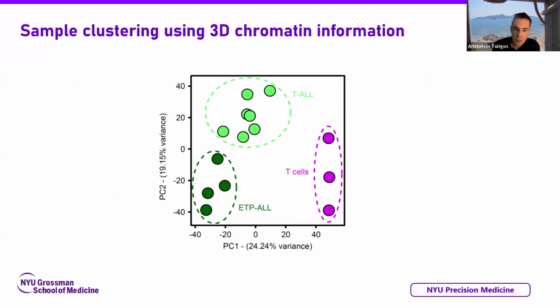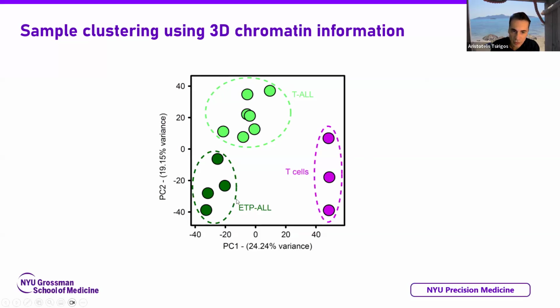So the first thing we did was to make sure our data is correct. So we did some quality control. One typical way to do this is by doing a PCA plot or a dimensionality reduction plot. And really, this was also answering a question, whether chromatin organization as a readout can cluster different types of cells. And in this case, it did beautifully so.